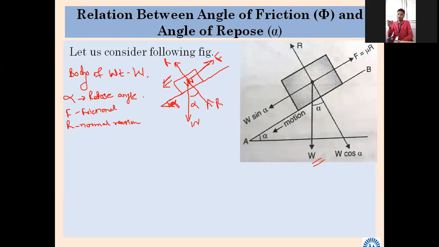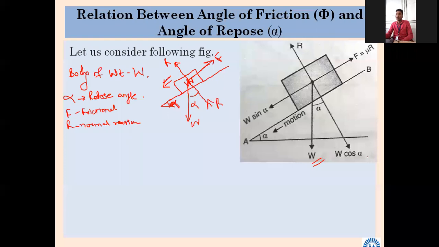We can see it is vertical, but in our consideration now it is an inclined force, because we are going to resolve the forces along the plane and perpendicular to plane. So the angle made by W is alpha with the vertical.